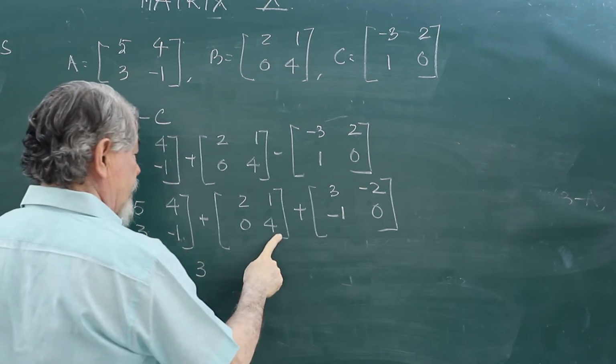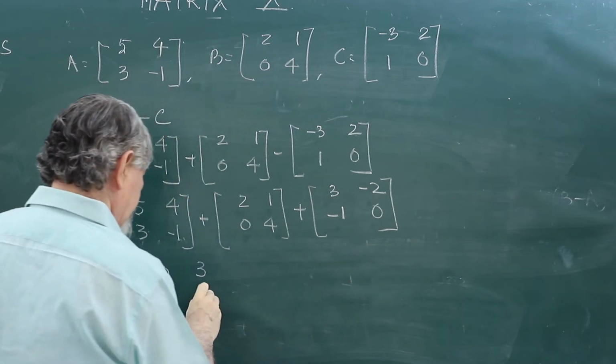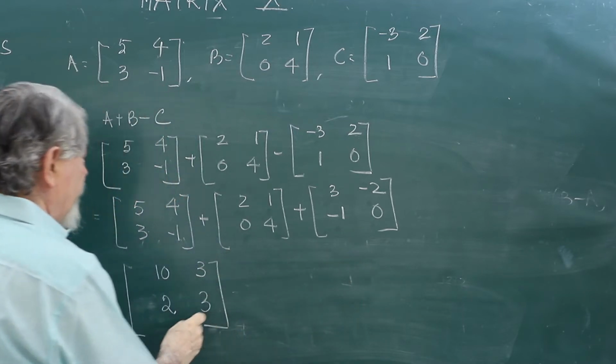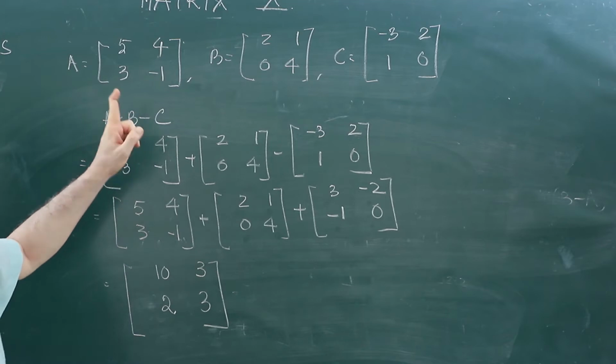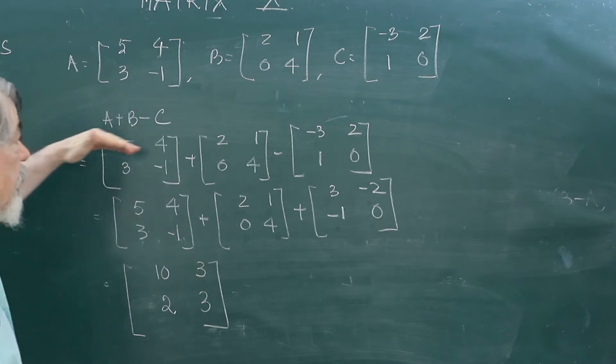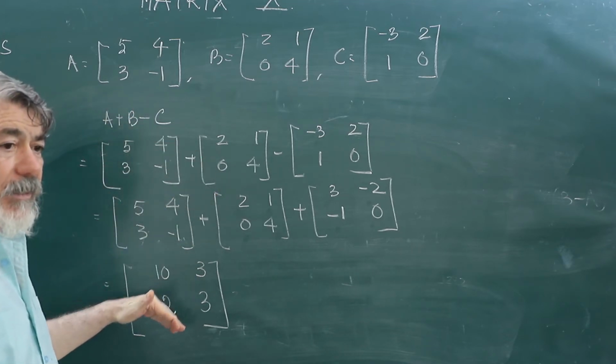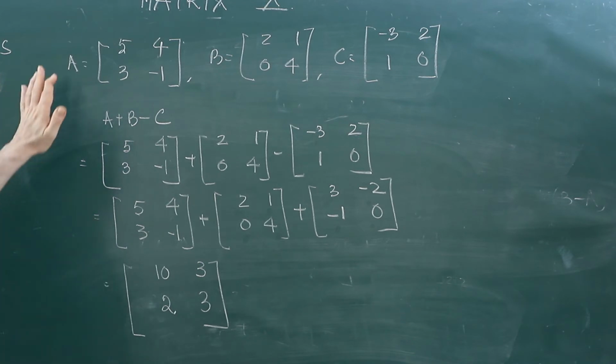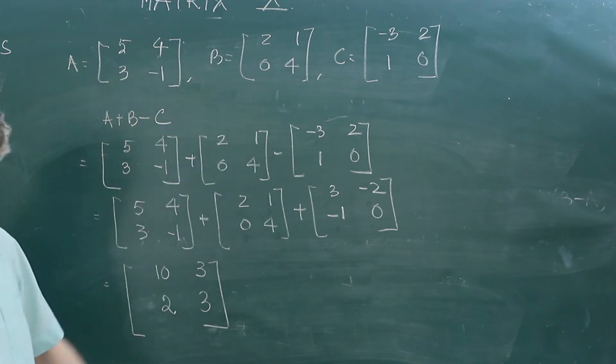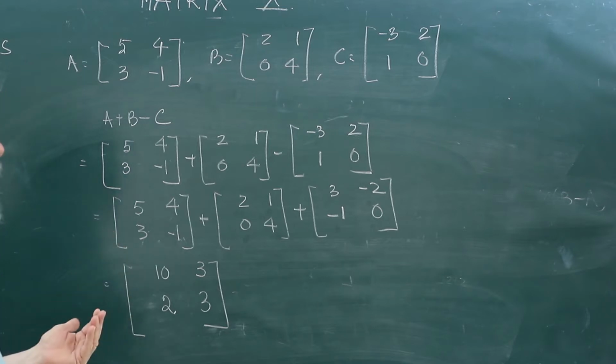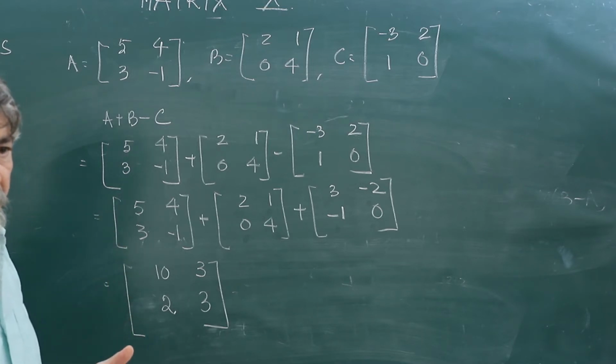Minus 1 plus 4 plus 0 is 3. So this is the final value of A plus B minus C. So it contains addition as well as subtraction of matrices, and this is only possible when they are of the same order. If they are of the same order, then we can find the matrix.